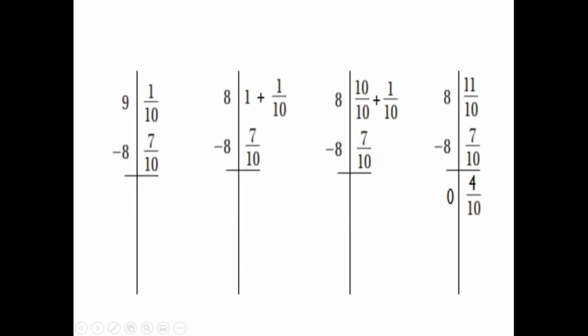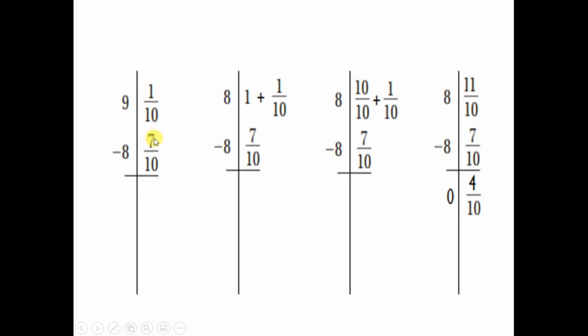For example, let's go to the first example. 9 1/10 minus 8 7/10. So, we go from right to left. Subtract fractions. Do we have the same denominator? Yes, we have. So, we can minus now. We can minus numerators. But look again.